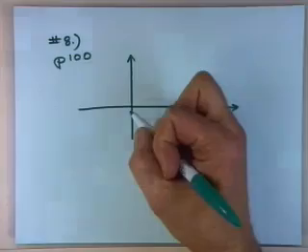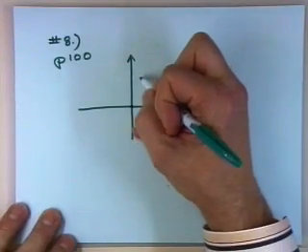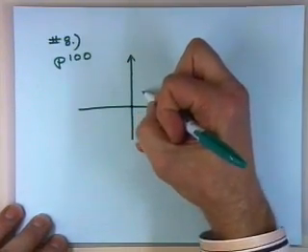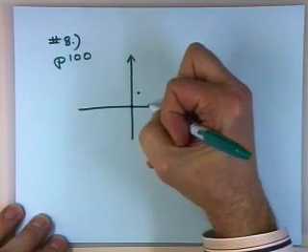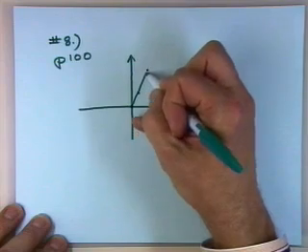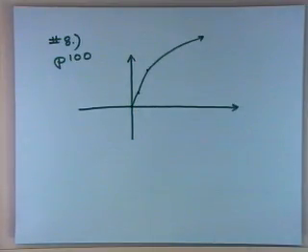So we would plot these points as accurately as we can. 110, that right here, 232, and then you would get this curve, whatever the curve looks like.